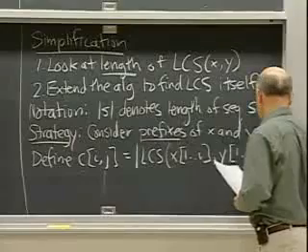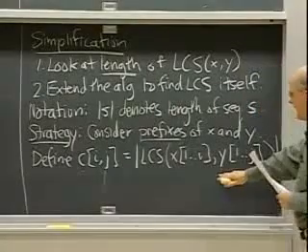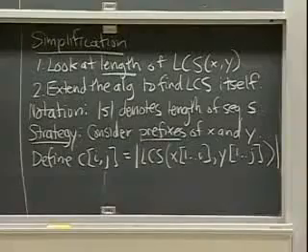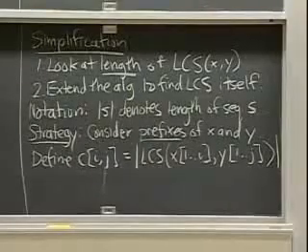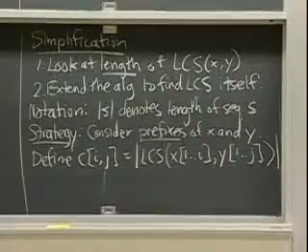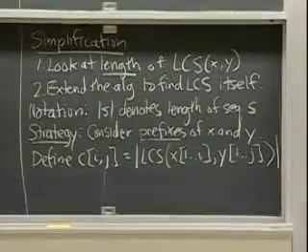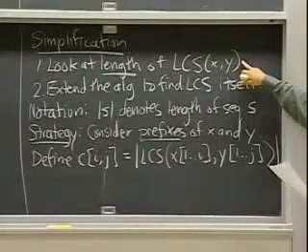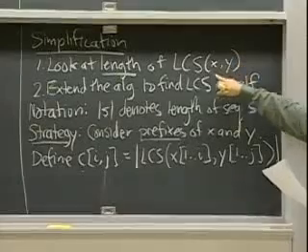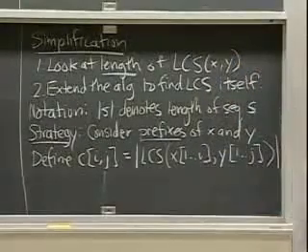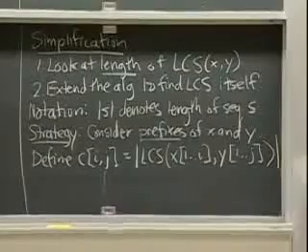And what we're going to do is calculate C of ij for all i, j. Okay? And if we do that, how then do we solve the problem of longest common subsequence of x and y?